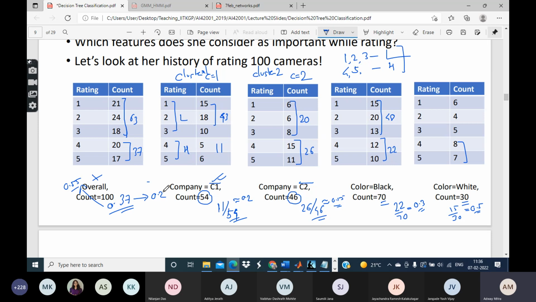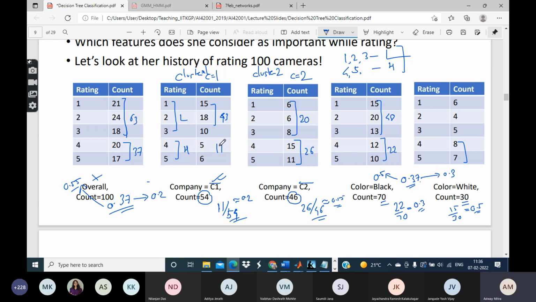So we can say yes, on the basis of this feature, it did affect her rating behavior. If we consider the color feature also, we can see that in one case from 0.37 it went up to 0.5. In the other case it went down from 0.37 to 0.3.